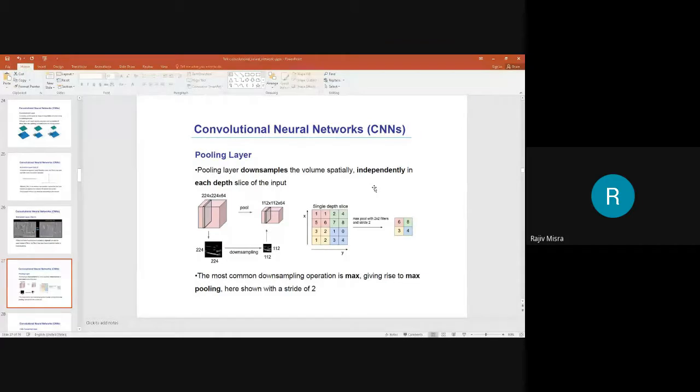You see that the depth of 64 is not changed, whereas the 224 by 224 is downsampled into 112 by 112. This downsampling of the volume spatially, without touching the depth of the slice input, is called pooling.